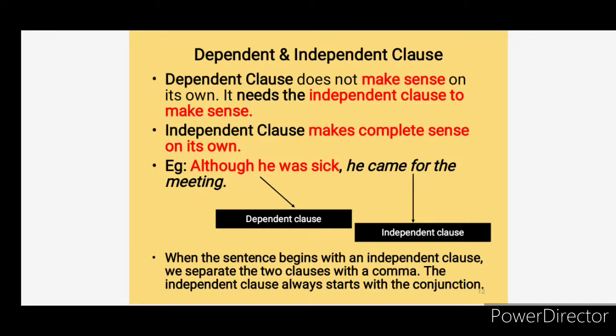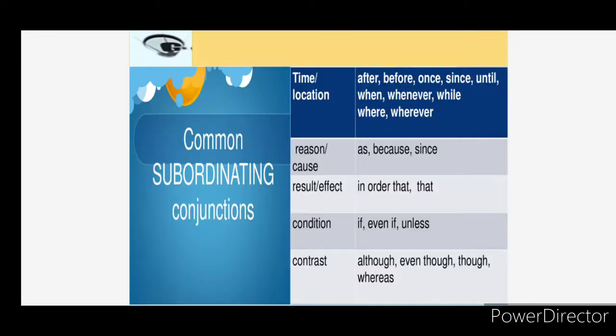Now let's have a look at some common subordinating conjunctions. After, before, once, since, until, when, whenever, while, where, wherever.